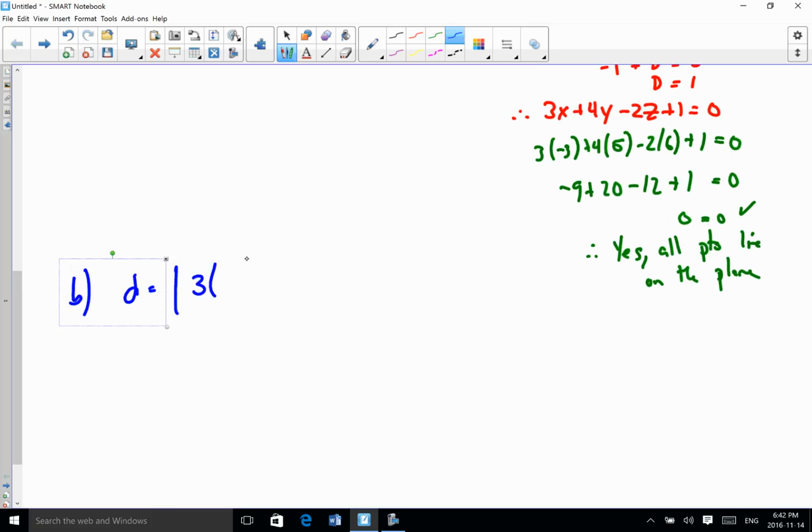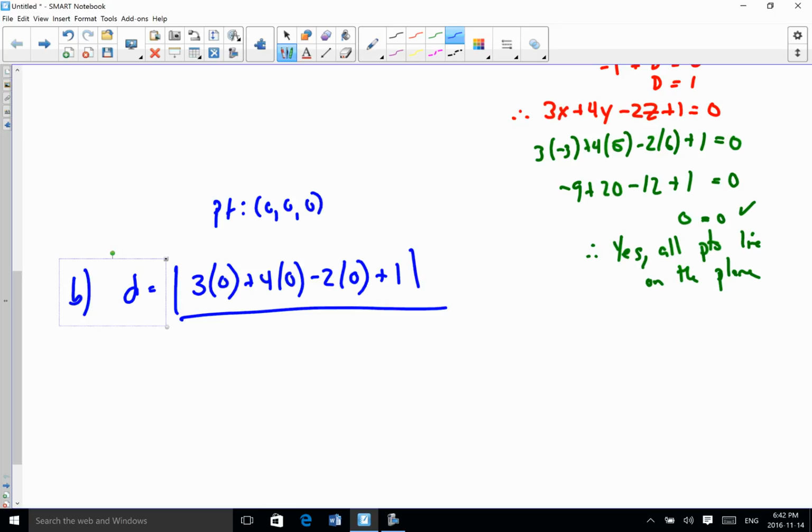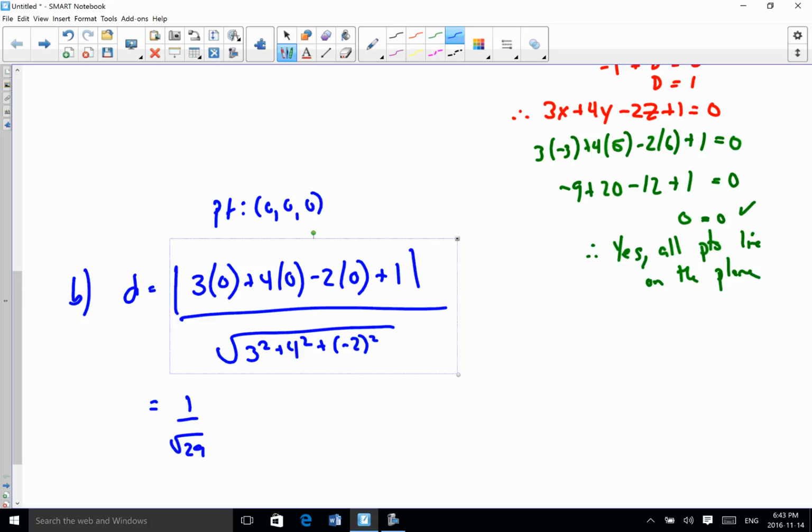So 3 times, remember our point here is 0, 0, 0, that's the origin, 3 times the x-coordinate, plus 4 times the y-coordinate, minus 2 times the z-coordinate, plus our d value over the magnitude of our normal. So we're going to end up with on top 1, on the bottom the square root of 9 plus 16 plus 4 would be root 29. You can leave it in that form, or you can change it into decimals if you want.